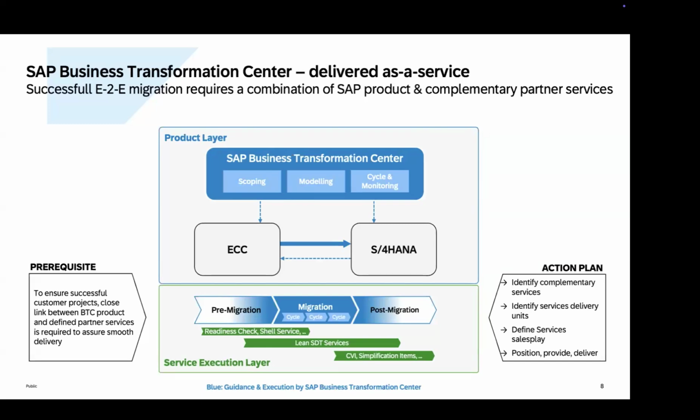What we are covering with Business Transformation Center at the moment is really this mid part of the migration as such, so really ensuring that a customer and a partner using Business Transformation Center gets a consistent, fully working target system after they migrated their data with Business Transformation Center.